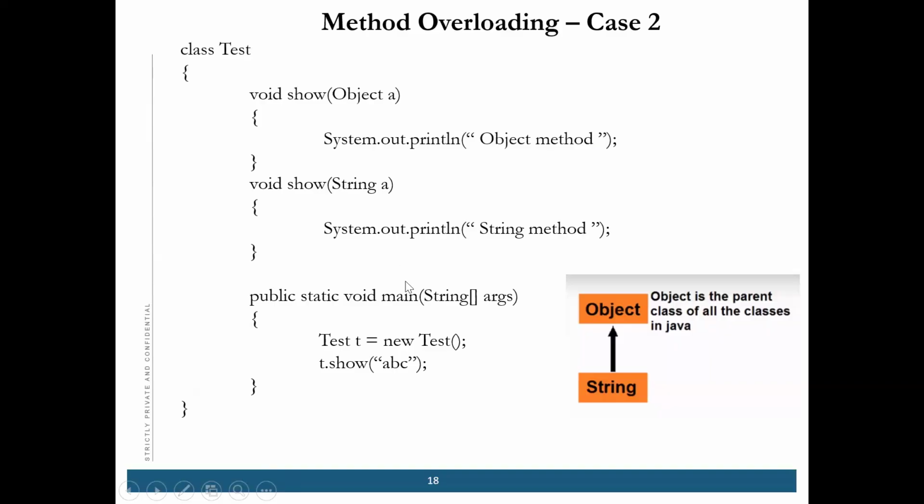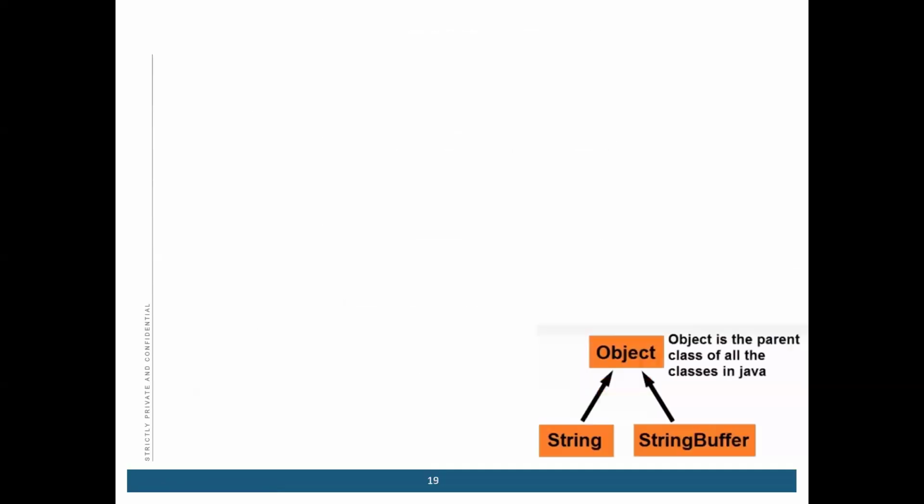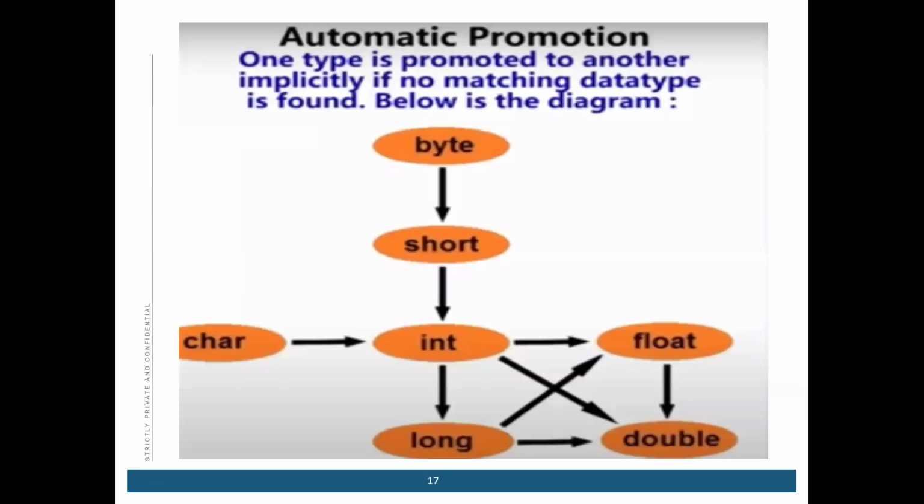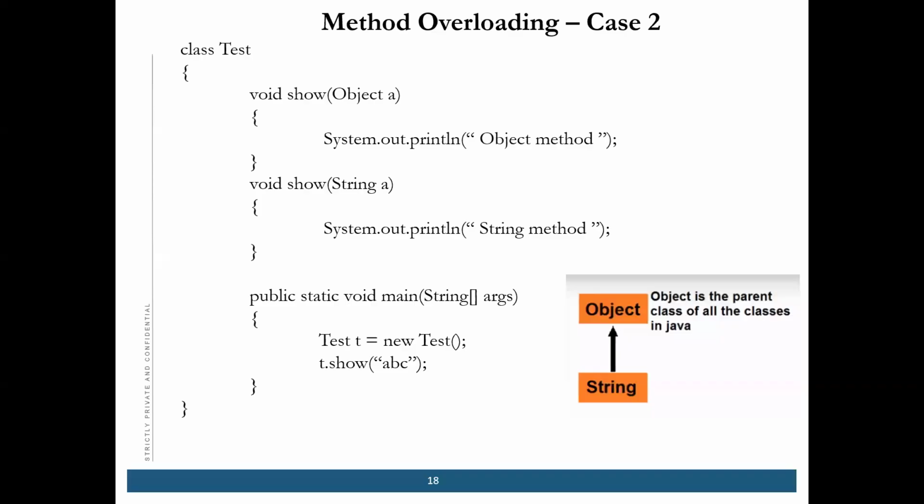I have already shared this PPT. Write this program and try it on your own. This is your assignment. Understand what promotion is, what automatic promotion is, and how it is called.